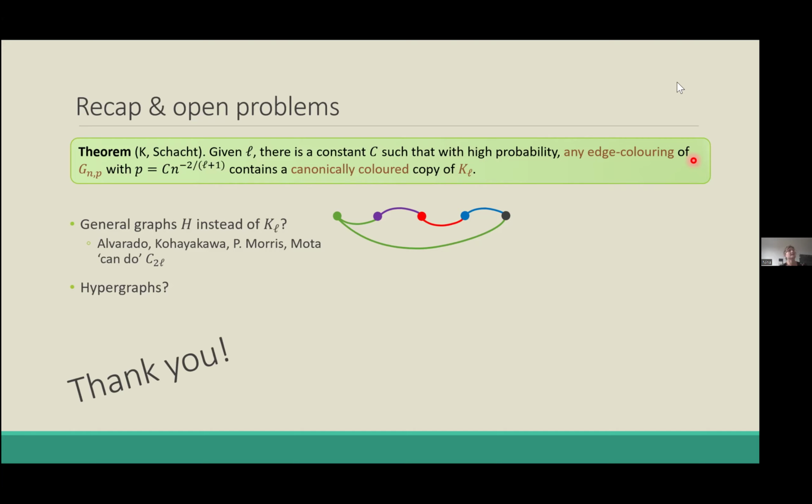And then as you're building it, you need to do some case distinction, some cleaning. You need to distinguish in which case you have a large degree in a specific color, and in which case you have many different colors.